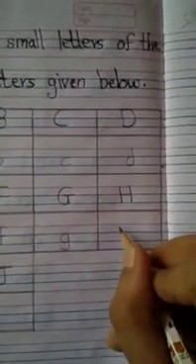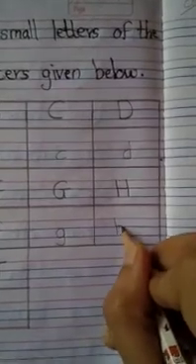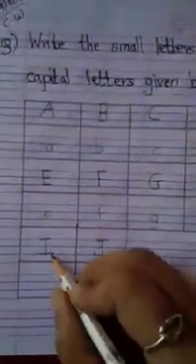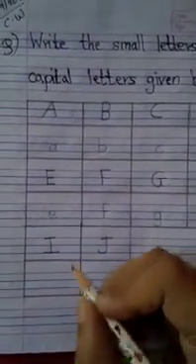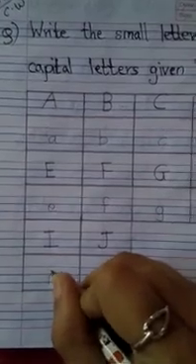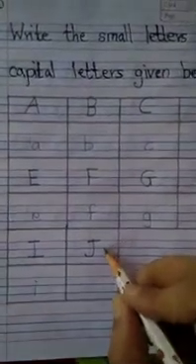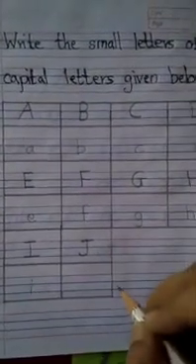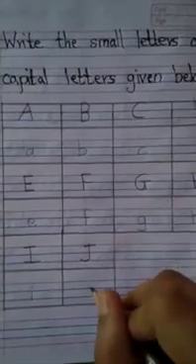This is capital H. Now we will write the small h. This is capital I. We will write here small i. ऐसे. Okay. This is capital J. Now we will write the small j.